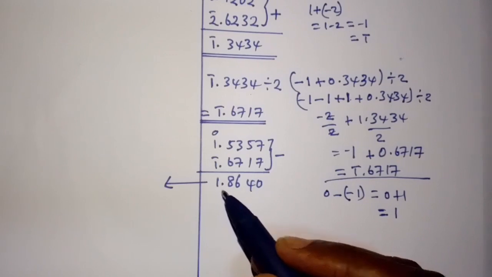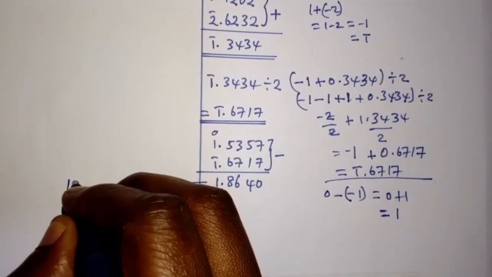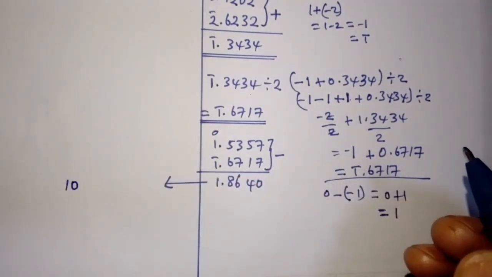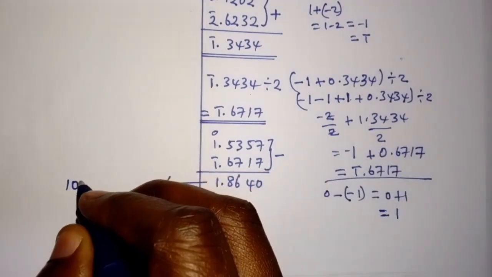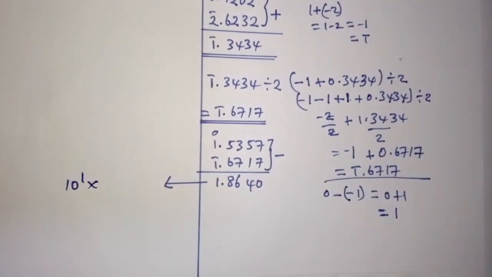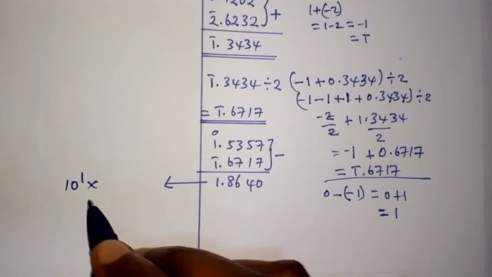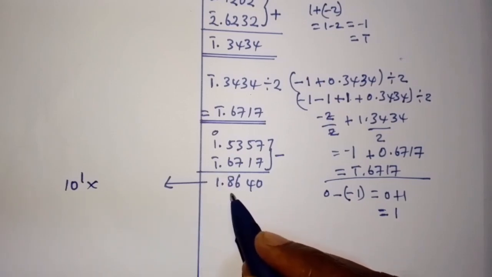We can say that this is 10 power 1 times the antilog of 0.8640.